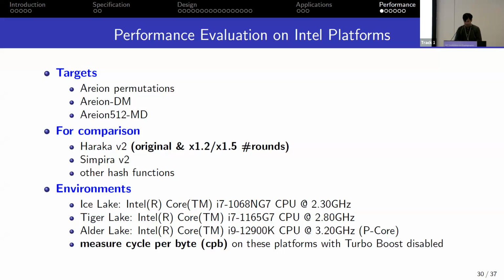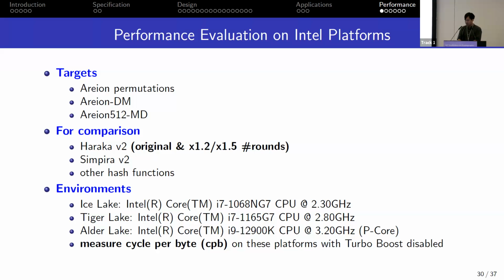Let's move on to the performance evaluation on Intel platforms. Here, we evaluate the performance of Arayon permutations, Arayon DM, and Arayon 512 MD. For comparison, we also measure the performance of Haraka, Simpira, and other hash functions.